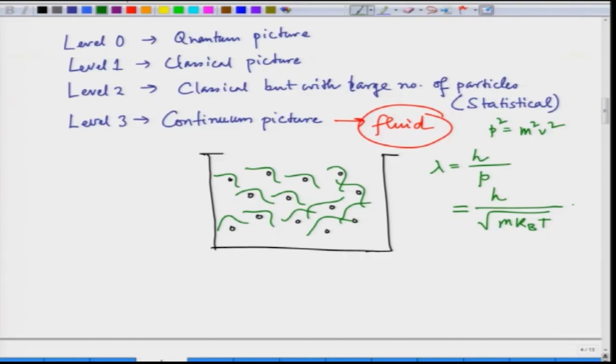Now, the question is under what circumstances these particles will interact in a quantum way. Of course, these black points, their classical structure, will not touch each other, but these green wave packets will touch each other and can interact.